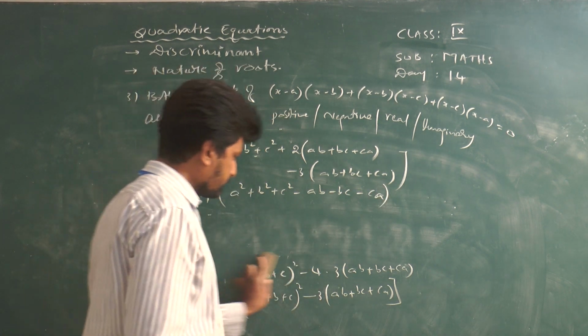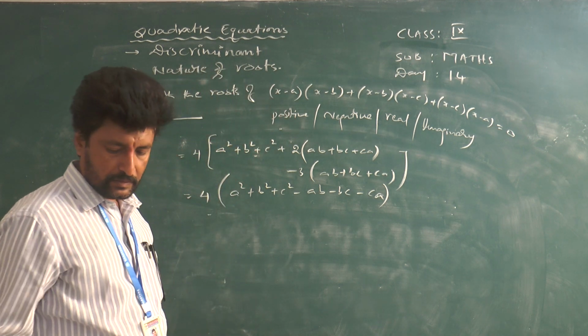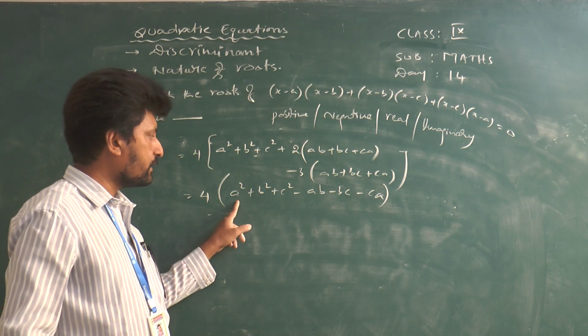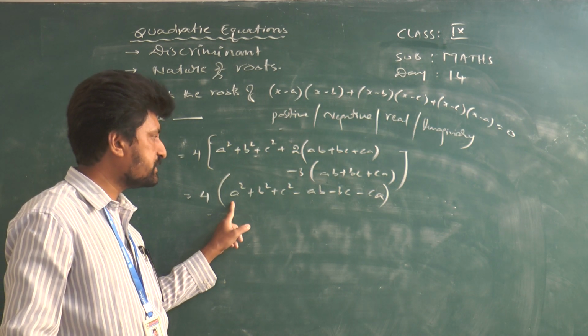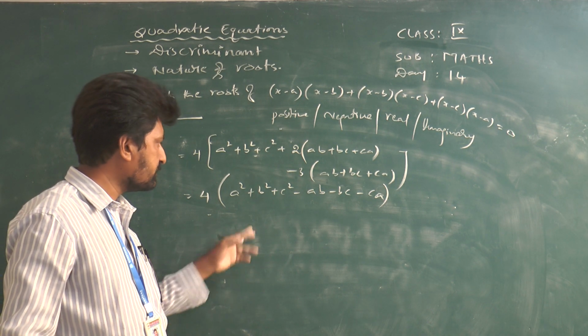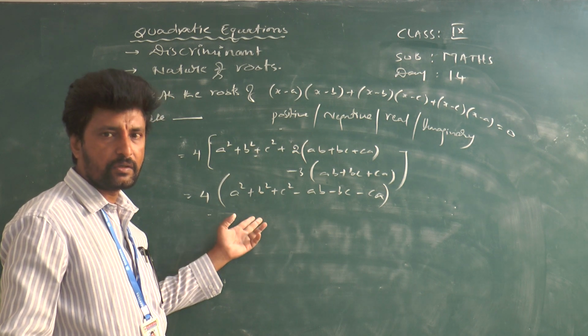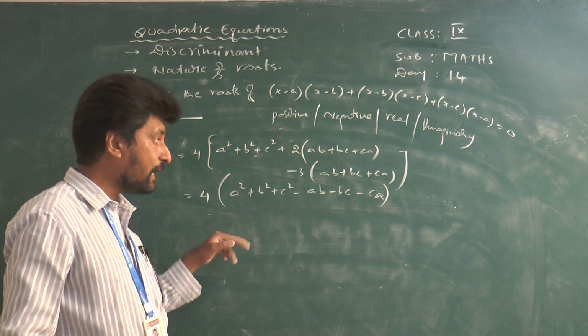Okay, observe this one. This expression is never negative. a square plus b square plus c square minus ab minus bc minus ca cannot be negative. That means this value is either greater than 0 or equal to 0.